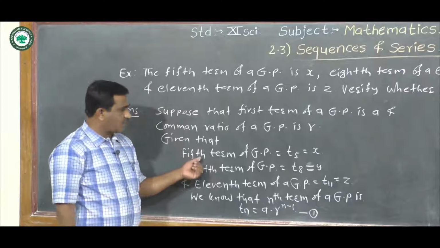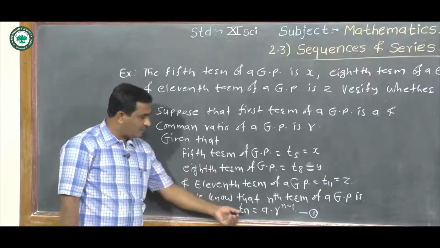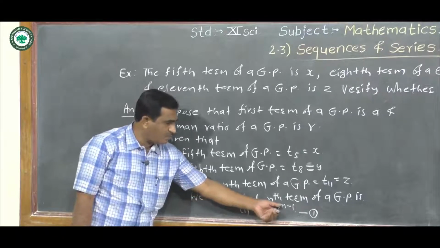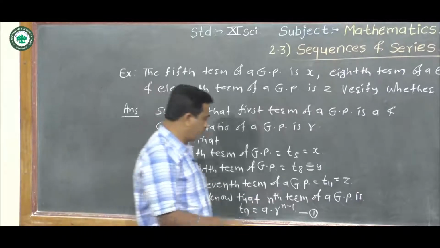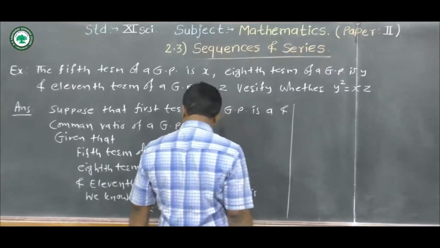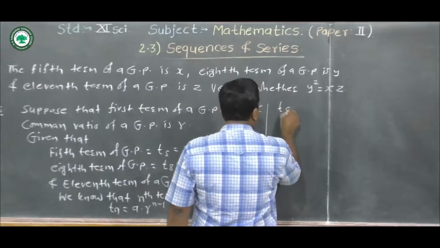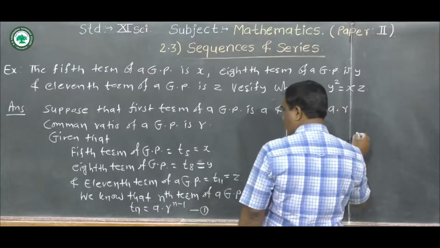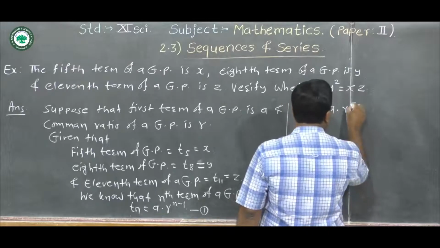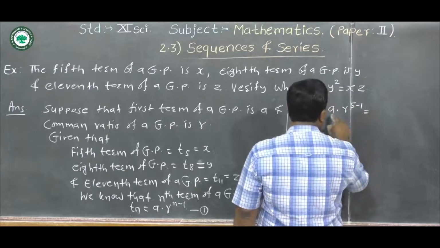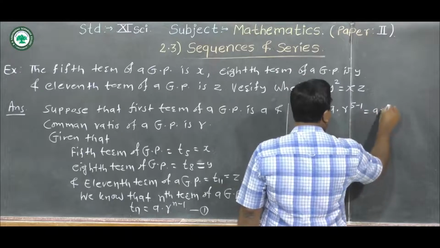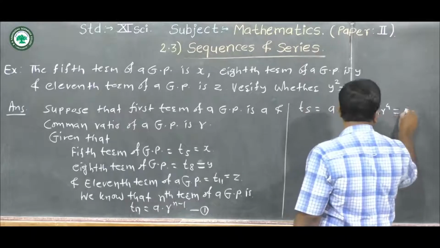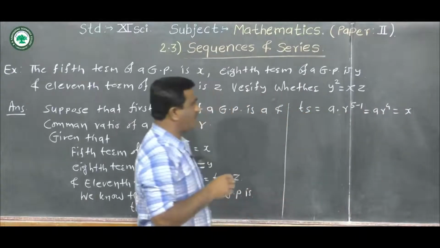Now for the fifth term of the GP, we put n equal to 5 here, T5 is equal to A into R raised to 5 minus 1, that is A into R raised to 4, and we are given T5 is equal to X.